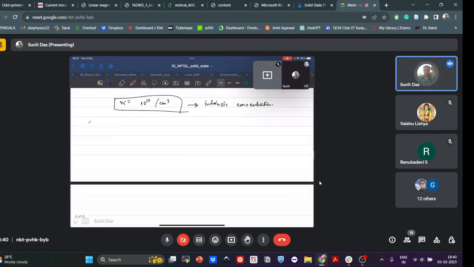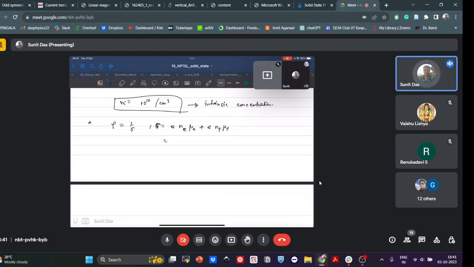Next, we need to find resistivity, which is the inverse of conductivity, and we know conductivity in terms of mobility is given by n, concentration of electrons, times electronic mobility, plus p, concentration of holes, times mobility of holes.